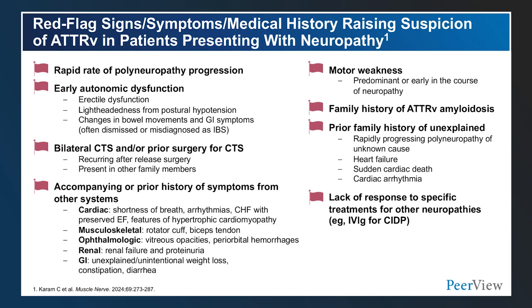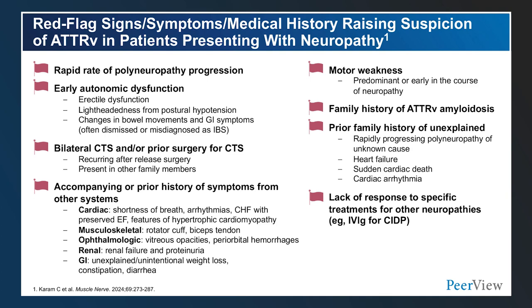I've also seen extensor tendon ruptures in the arms. Ophthalmologic manifestations may include vitreous opacity, so patients may report a lot of floaters, periorbital hemorrhages. Renal-wise, you can have renal failure or proteinuria. And then GI-wise, as I said, constipation, diarrhea, or unintentional weight loss that's relatively rapid.